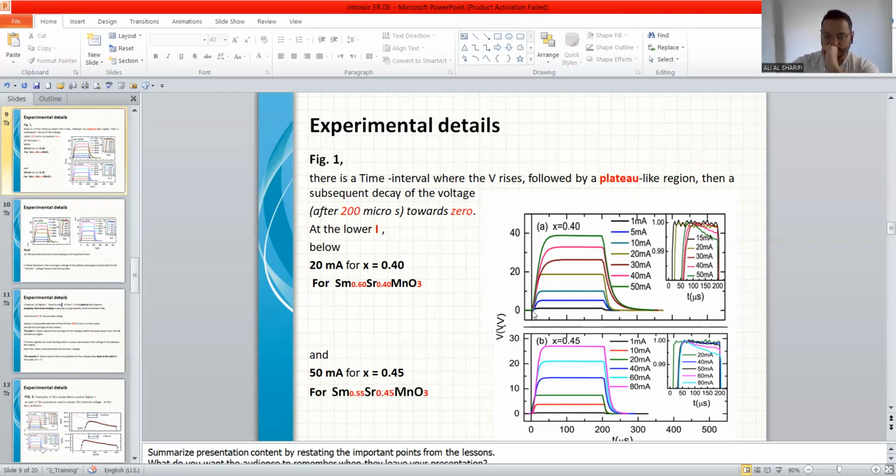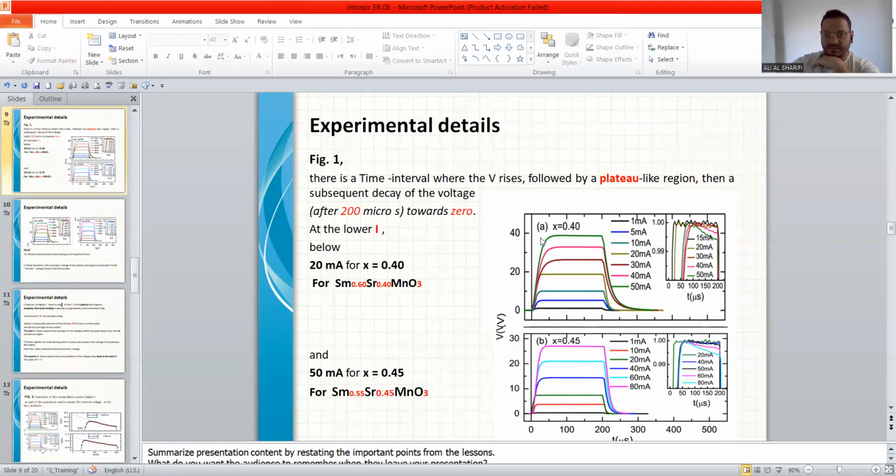For example, here at the blue one, it's approximately 5 volts, but here at the last one, approximately 40 volts. That means when we increase the current, the voltage is increased too.